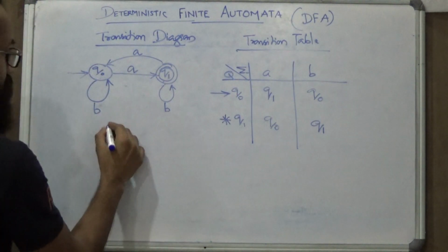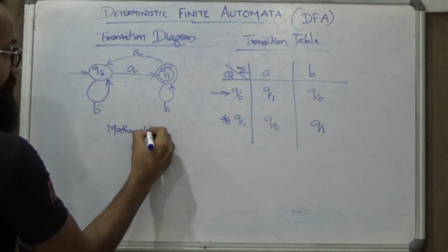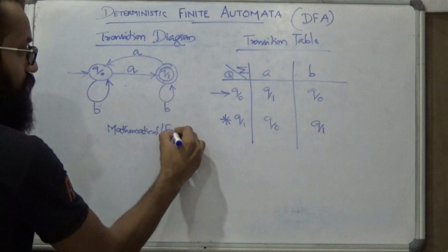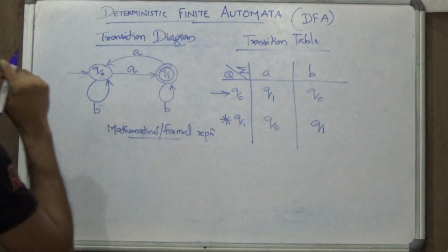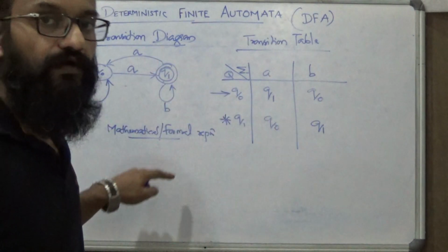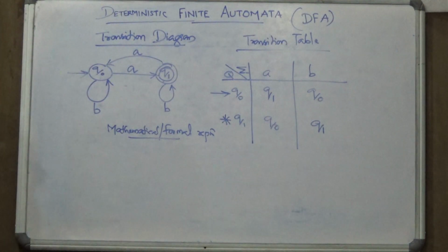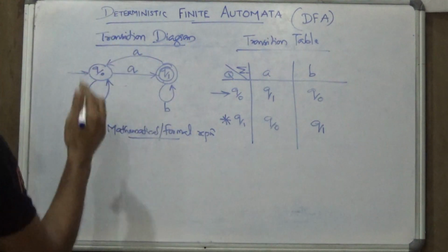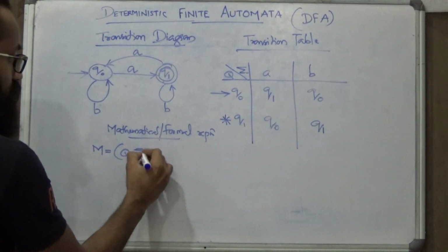Next one is the mathematical or formal representation. So this is the diagrammatic representation, this is the tabular representation. Now we are going to discuss the formal or mathematical representation. I can represent this model as M equal to (Q, sigma, delta, Q0, F).